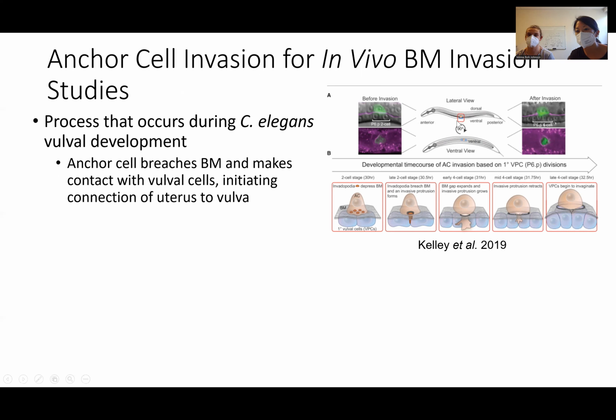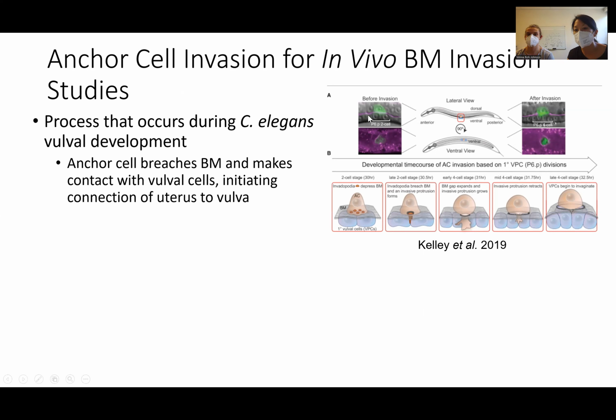And so they can fertilize their own embryos. Those embryos then get deposited through the vulva. If that vulva doesn't form properly, it's infertile. The animal will die, essentially. So it's a really tightly regulated process because the fidelity of this process is highly selected for.